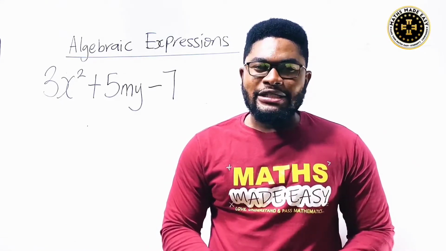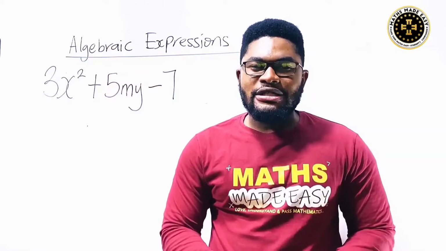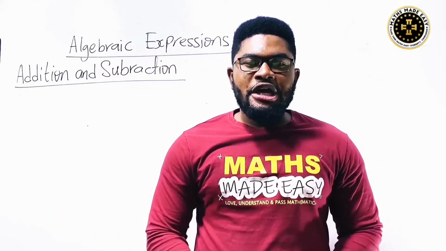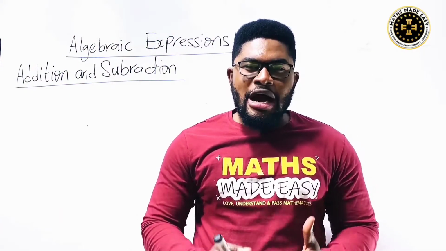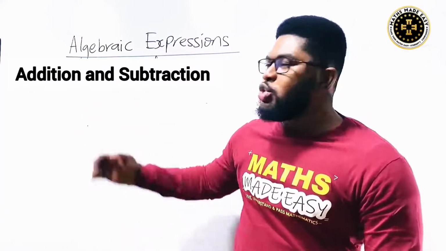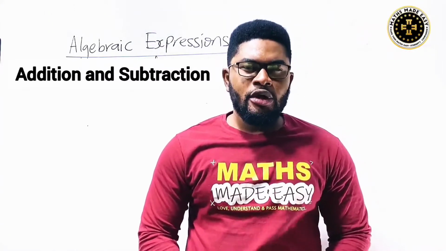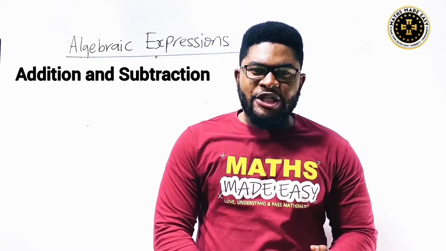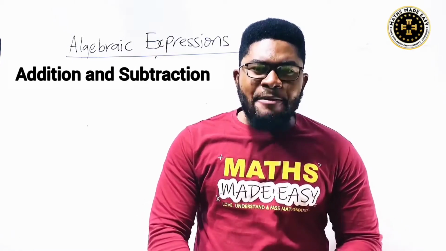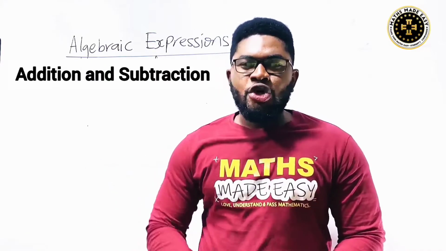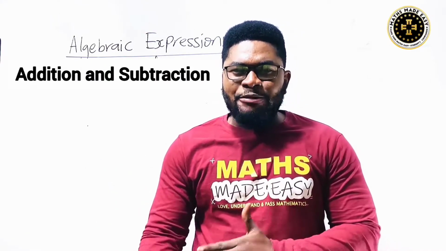Now let us go ahead and add and subtract some algebraic expressions in our calculation methods. In this part of our lesson, I am going to introduce you to addition and subtraction of algebraic expressions. Now that you know what an algebraic expression is, and you know some terminologies associated with it, let me show you how to add and subtract.